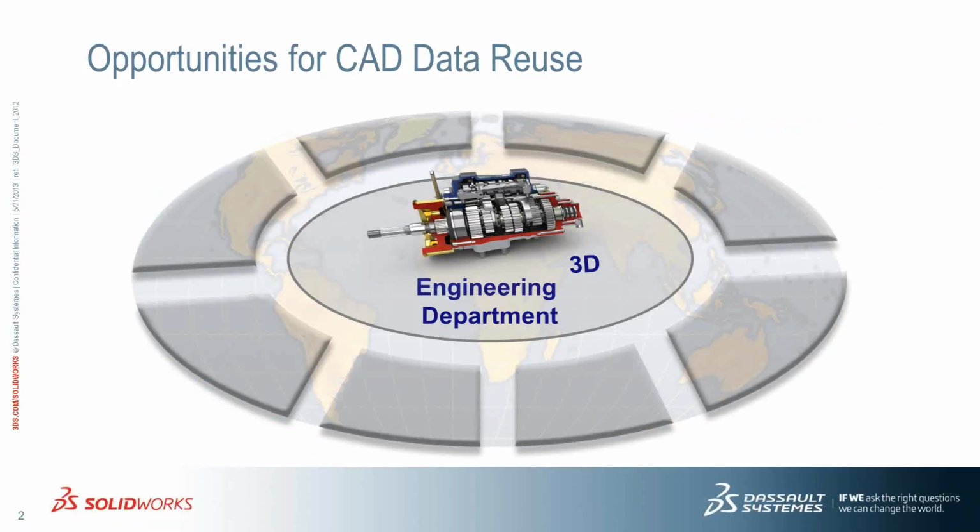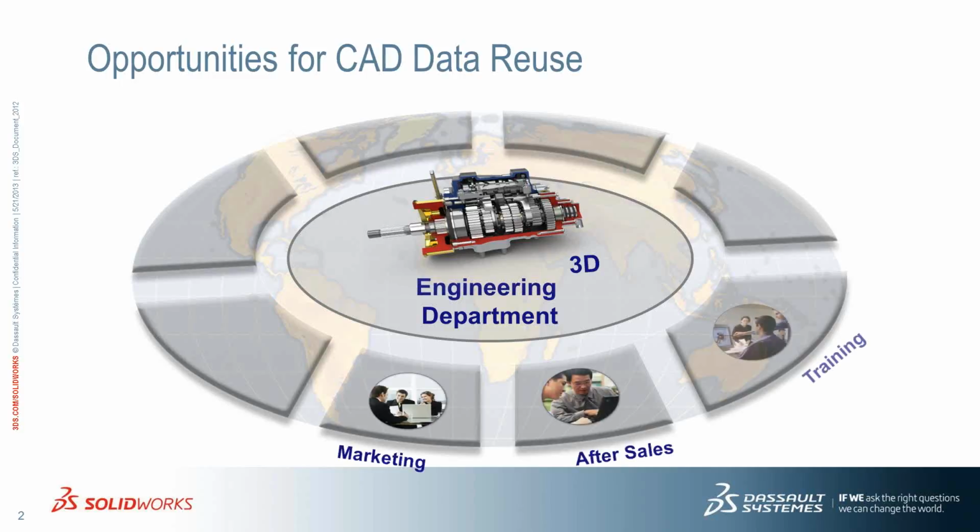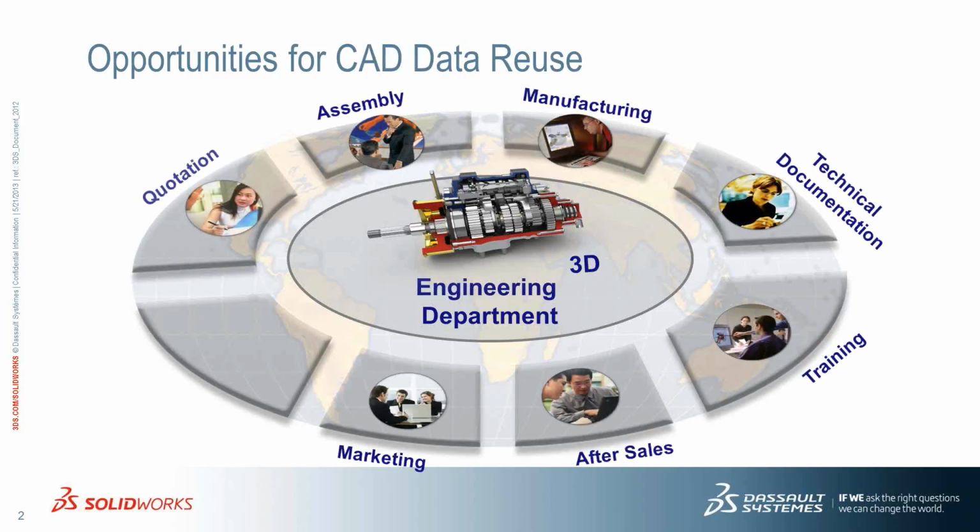All right, so I kind of like to think of these days as the CAD department and the engineering department. They have this 3D data that is so essential and crucial to the company, and there's all these other departments around the company that could really take advantage of this data, and they're not today.